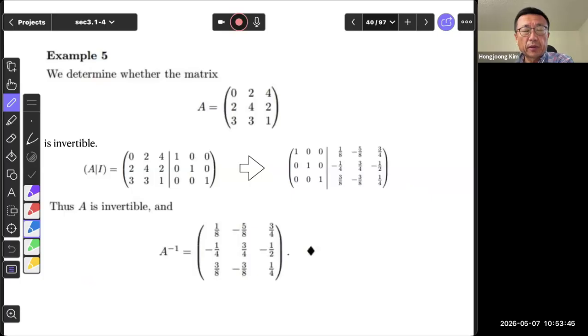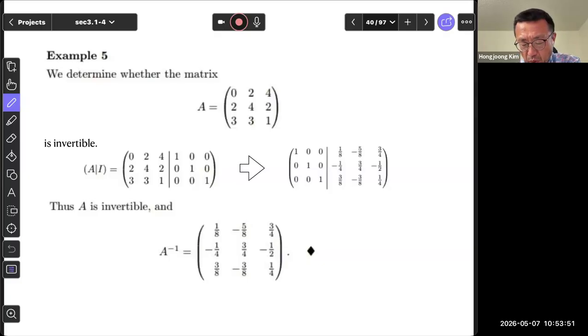So given this matrix A, if I construct this augmented matrix, and then perform elementary row operations to convert the entries corresponding to A to the identity matrix, then at that point the matrix appearing on the right hand side will be the inverse of the A matrix.